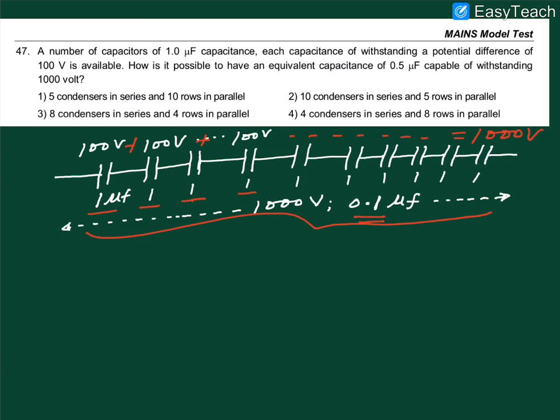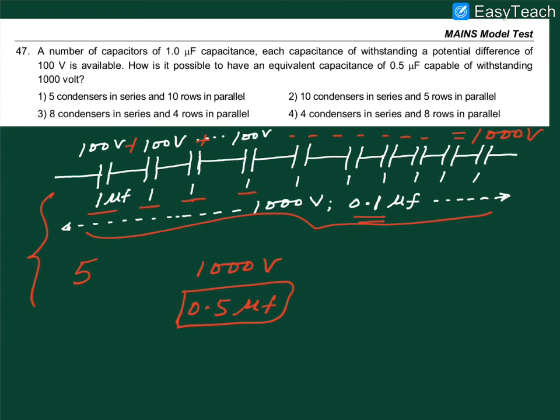Just imagine like this, we have 5 such sets in parallel. So the total capacitance is 0.5 microfarad, and since the sets are in parallel, the voltage is still 1000 volts.